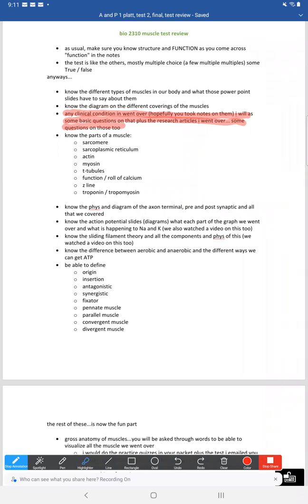An example would be: of the following, what would most likely occur in a person who is constantly in sympathetics? First of all, you'd have to know what it means to be in sympathetics. That's fight or flight.